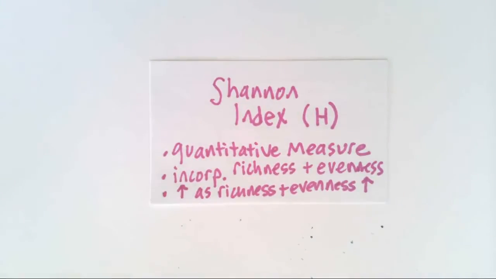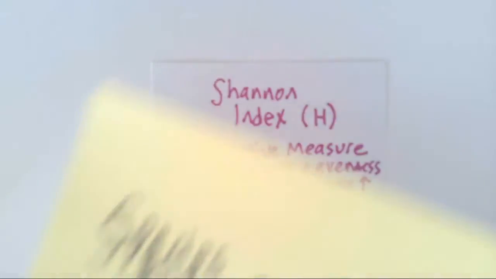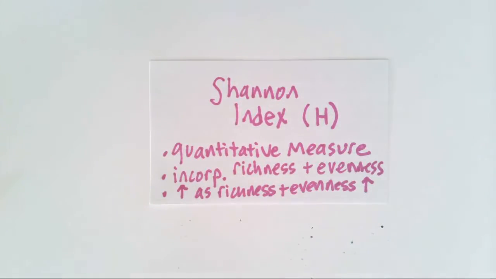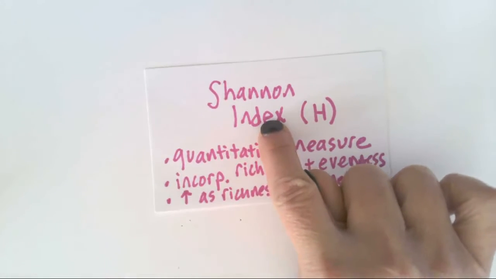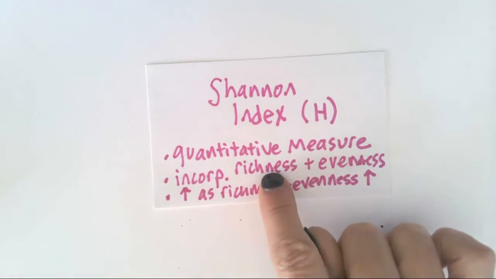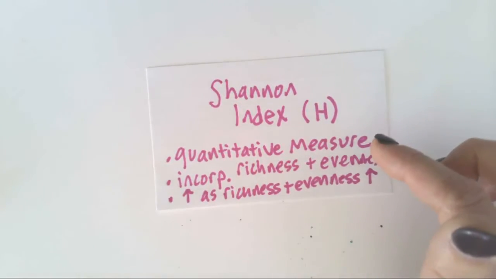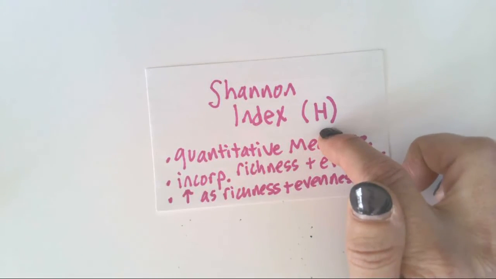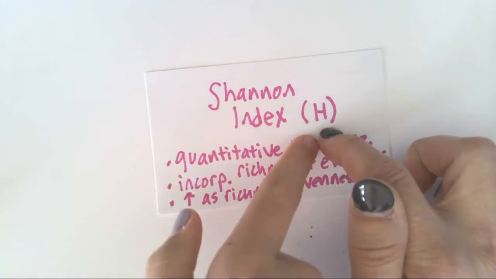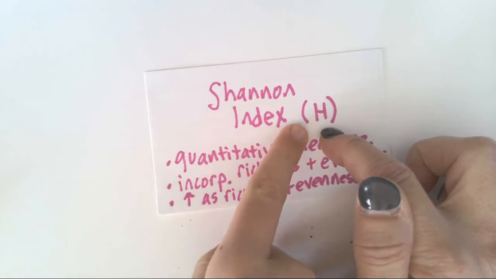The Shannon index, if you remember, is a mathematical formula that includes a little bit of calculus, where you take the measurements of richness and evenness and you throw them into this formula where you take the natural log of it and that kind of thing. So this is a math formula that we use to incorporate the numbers of richness and evenness. And generally, if the H number value is higher, that means that it is more biodiverse.